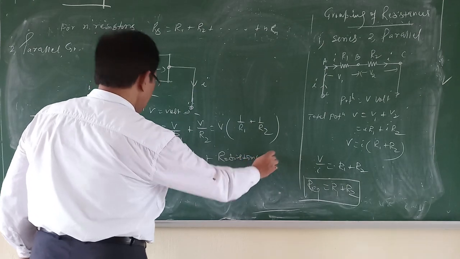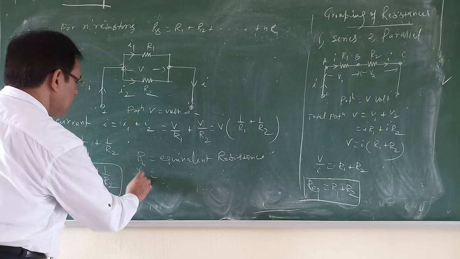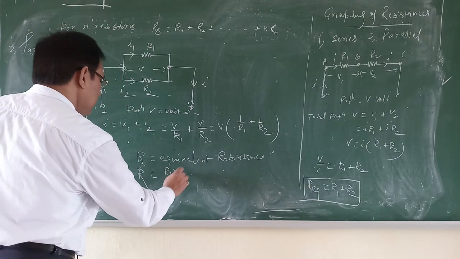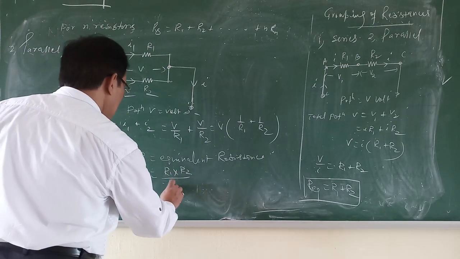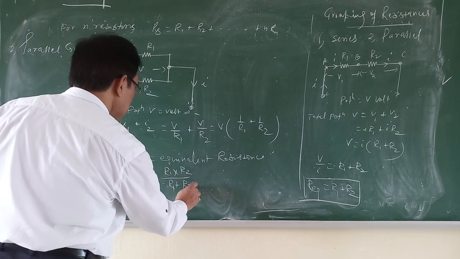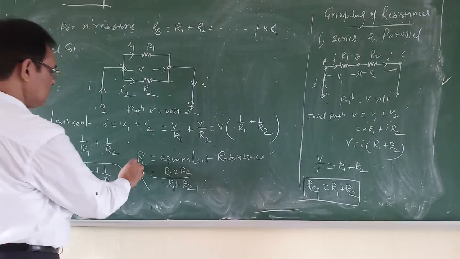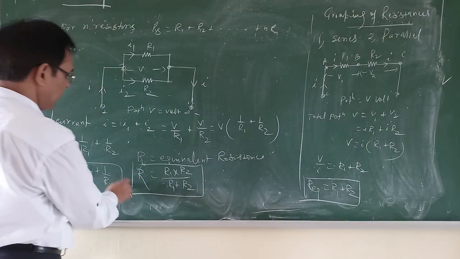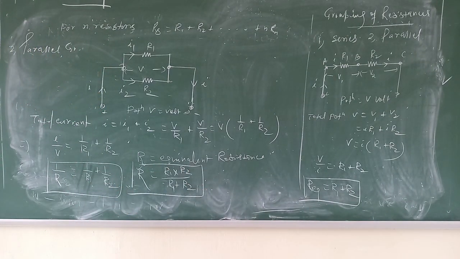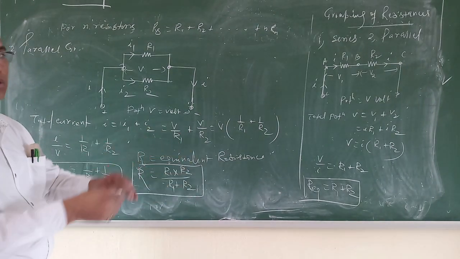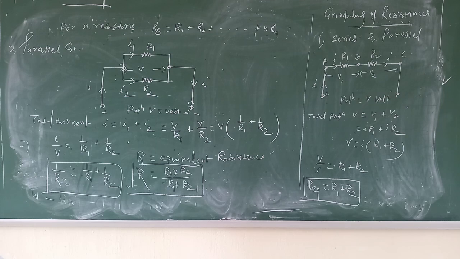So this equivalent resistance R will be equal to R1 into R2 by (R1 plus R2). So this is for parallel grouping for two resistors. Similarly, you can find for n resistances also. So this is for series and parallel grouping.